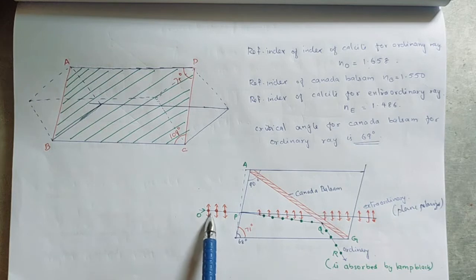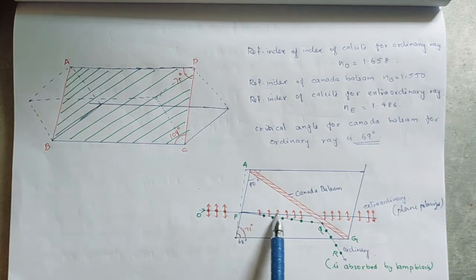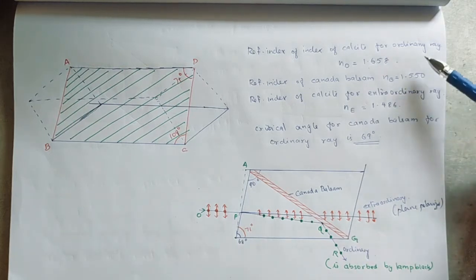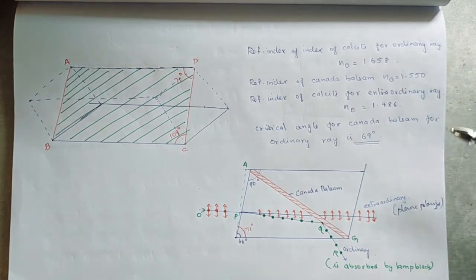So when unpolarized light is incident on the nicol prism, what happens? It is split into two components: one is the extraordinary ray and another is the ordinary ray. See the details of the calcite crystal for the ordinary ray, Canada balsam and the extraordinary ray.